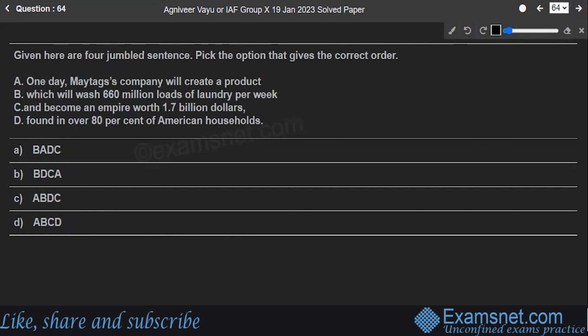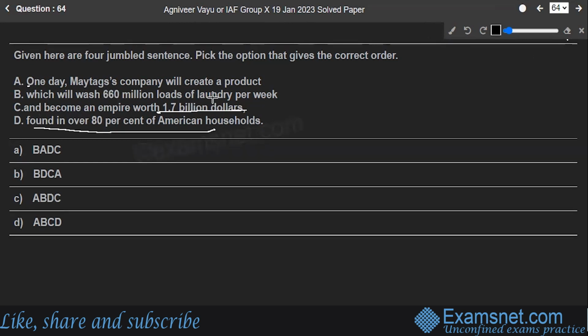Next is question number 64. Given are 4 jumbled sentences, you have to pick the option that has the correct order. One day, Maytag's company will create a product which will wash 660 million loads of laundry per week and become an empire worth $1.7 billion, found in over 80% of American households. So when I was reading it, "one day" is the one which doesn't seem to be in connection with any other part.